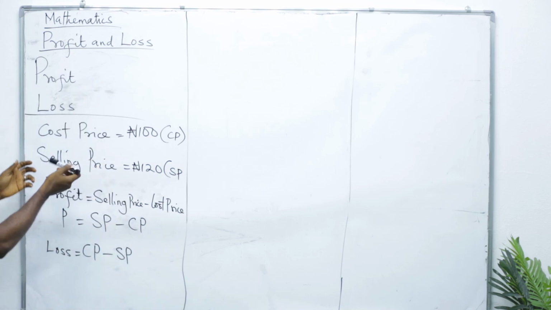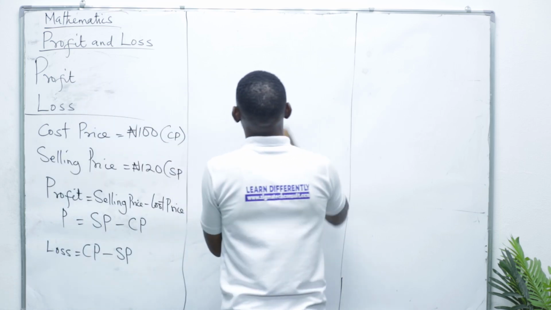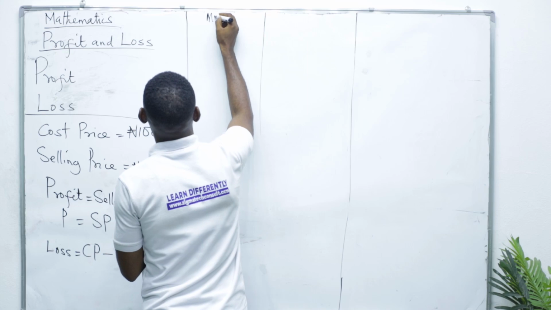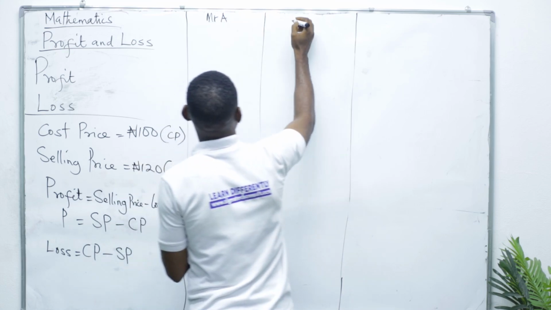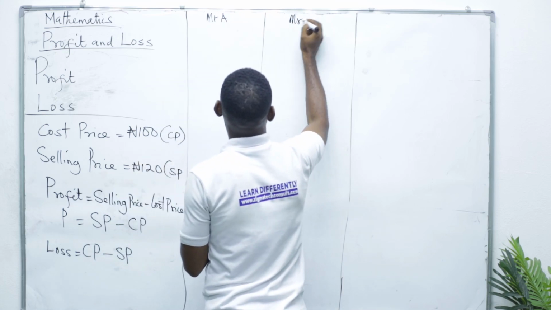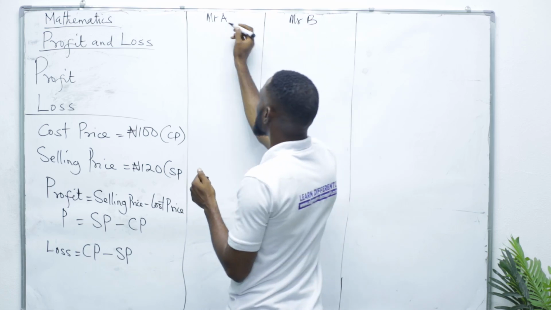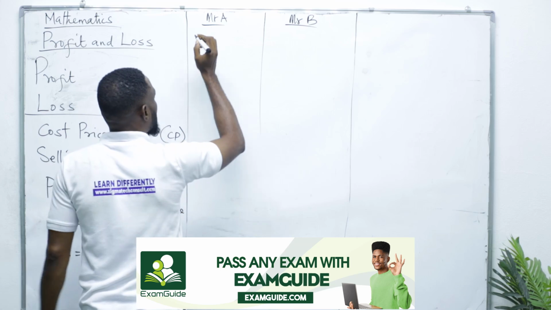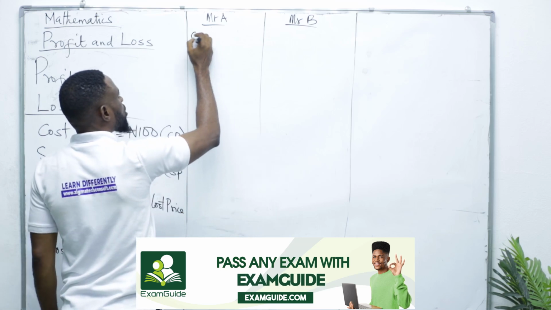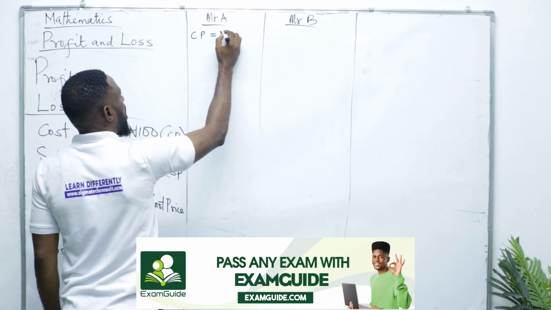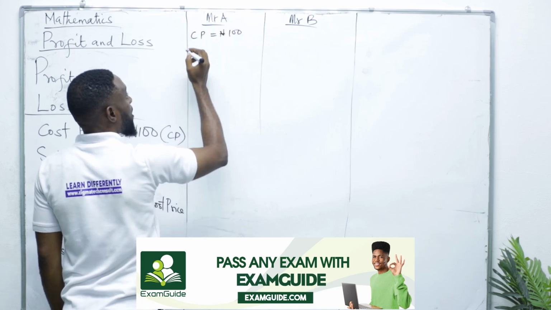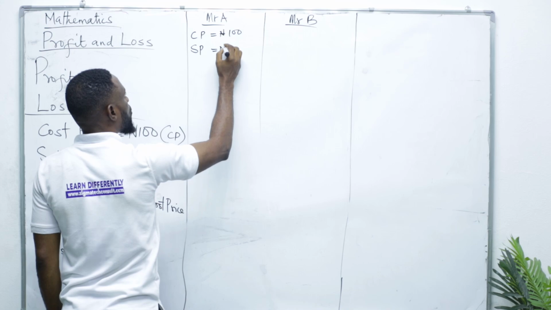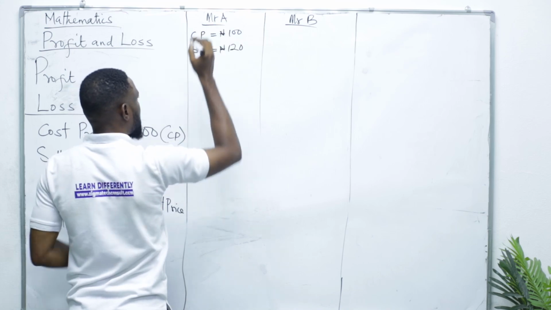Let's assume we have two scenarios. This is the first scenario. Mr. A, a businessman, and Mr. B, a businessman too. Two businessmen. The first one bought a marker pen for a cost price of 100 naira and sold it at a selling price of 120 naira.